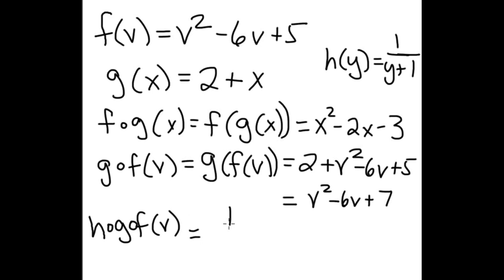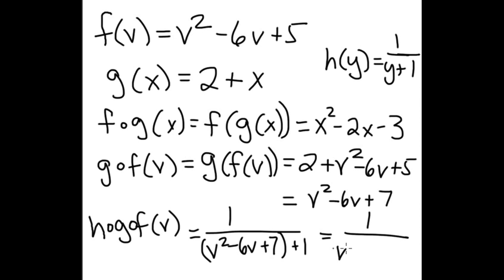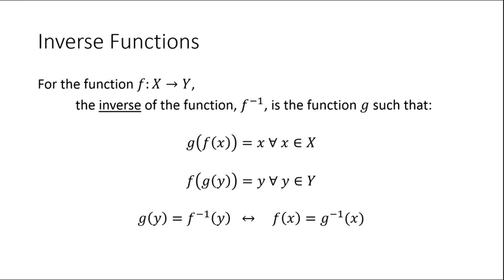And we get 1 over v squared minus 6v plus 7 plus 1, or simply 1 over v squared minus 6v plus 8.